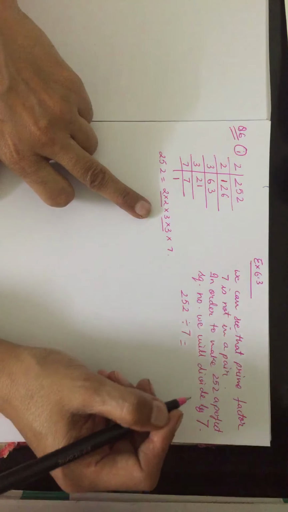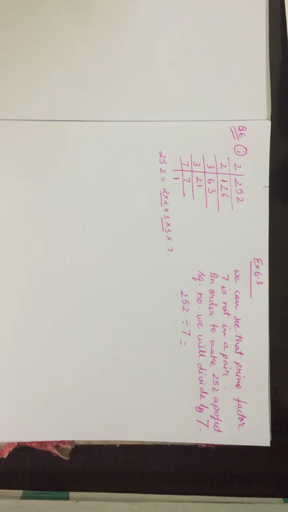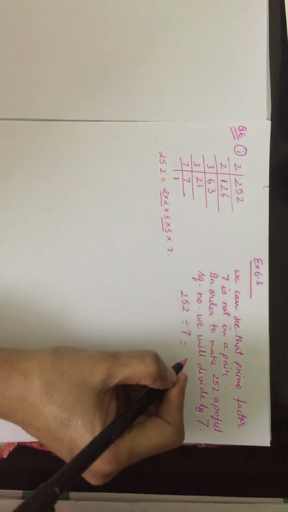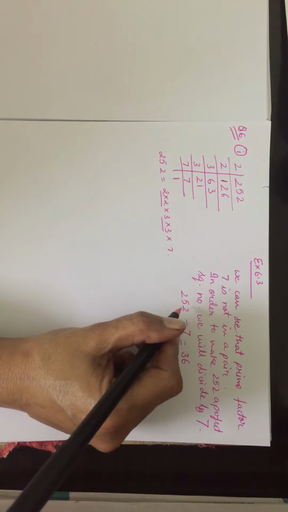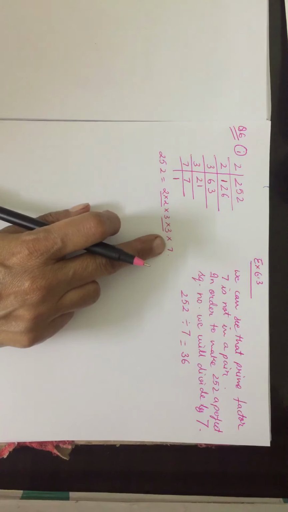Now when you divide 252 by 7, just tell me what answer you will get. Calculate it fast. How many times will it go? 36 times, isn't it? So if 252 is divided by 7, then you will get 36.